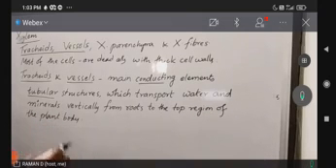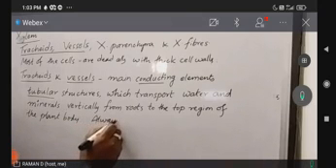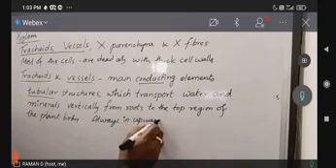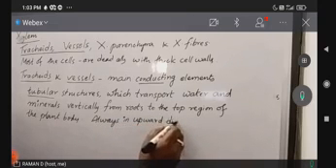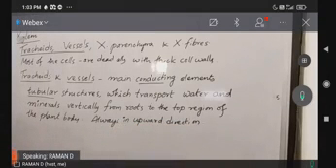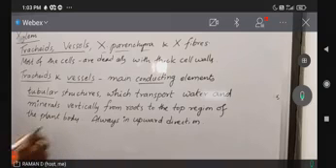And water and minerals are always transported in the upward direction.